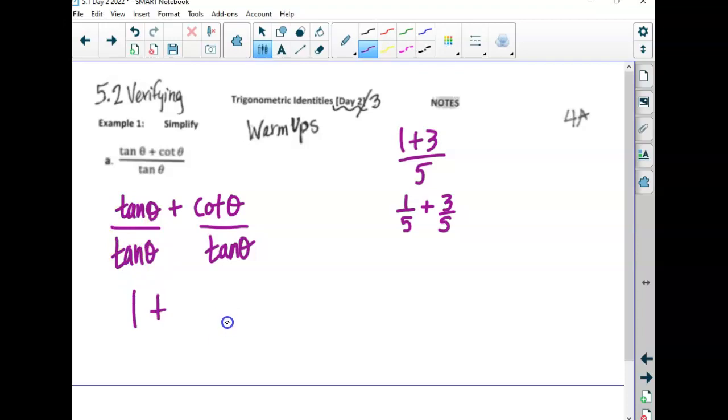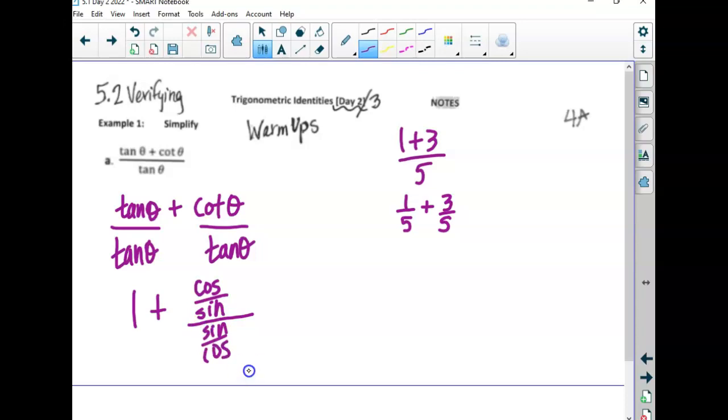Some of you might recognize what this is. For some of the rest of you, I'm thinking not so much. Maybe you would go with sines and cosines. What do you think? Some of you would. So the top would be cosine over sine, and the bottom is sine over cosine.